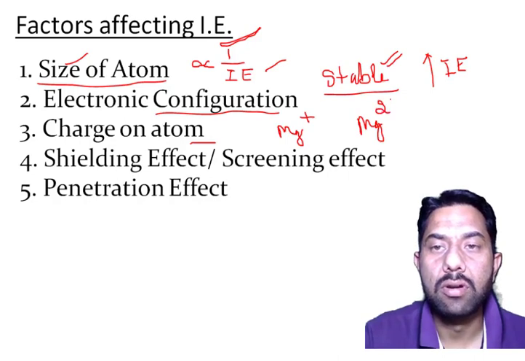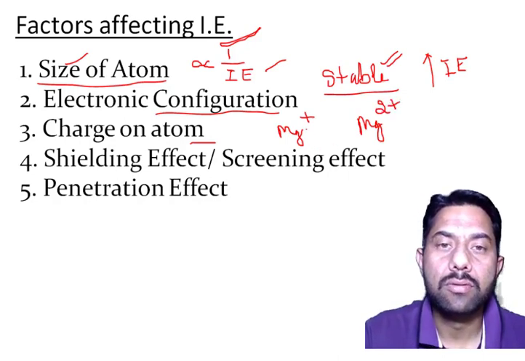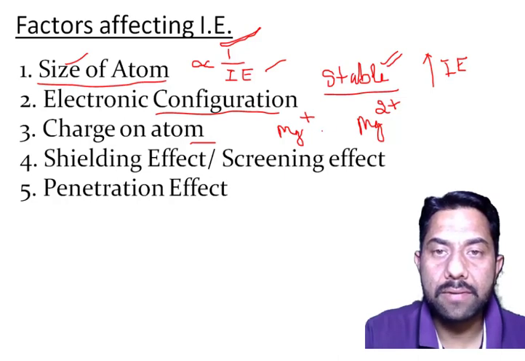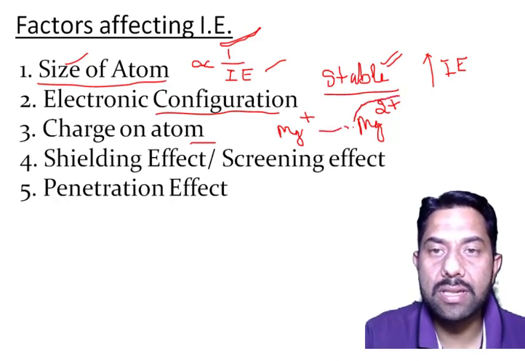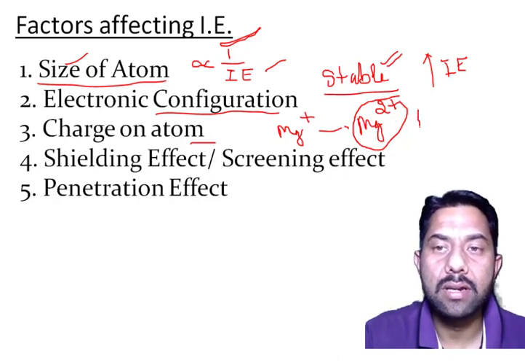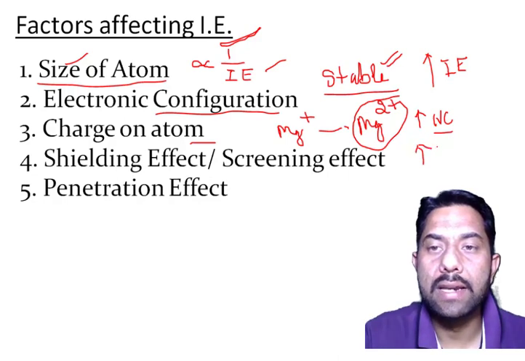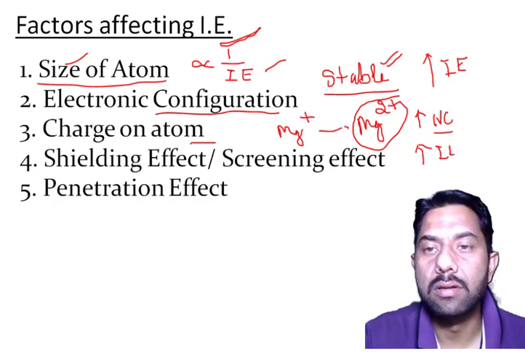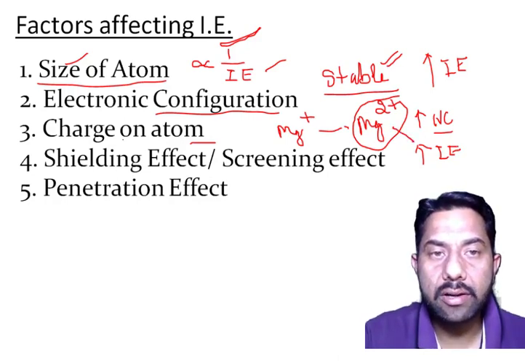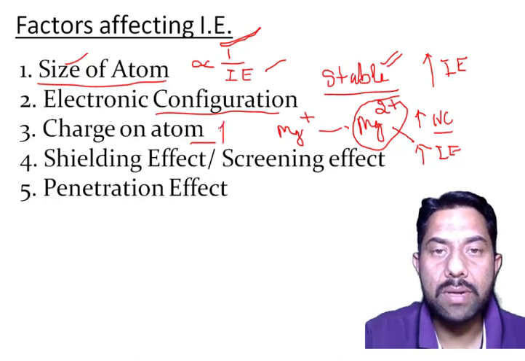Now, out of these two, from which species is the removal of an electron easy? Mg+ has changed to Mg2+, so the size of Mg2+ is smaller, and smaller size means greater nuclear charge. So greater nuclear charge means more ionization. So the greater the charge on the atom, the greater will be the ionization.